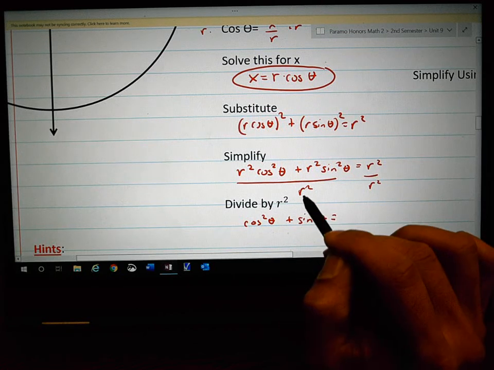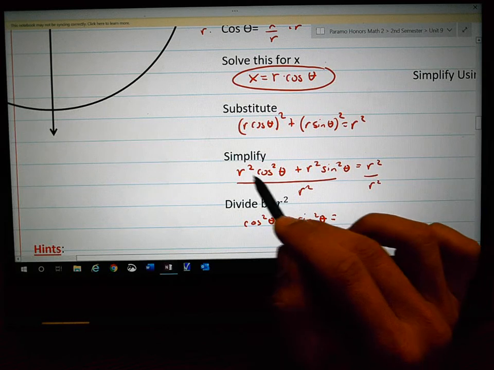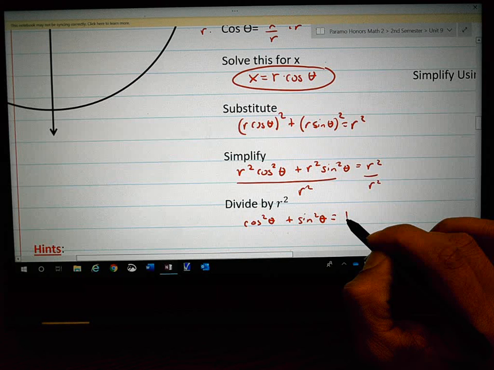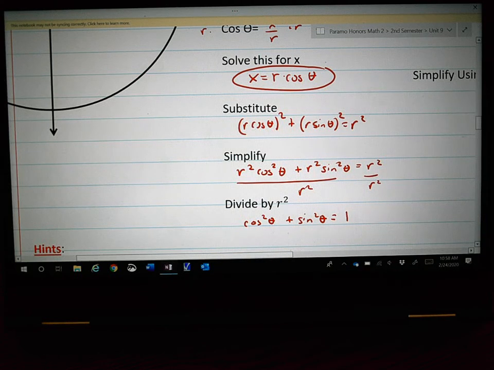R squared goes into r squared once, and r squared goes into r squared one time. And look what you get. This is Pythagorean identity number 1. Also known as sine squared of any angle plus the cosine squared of any angle will always equal 1.